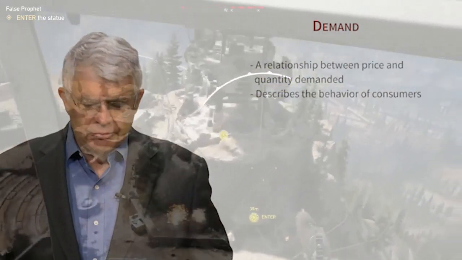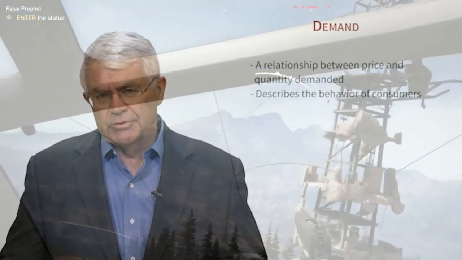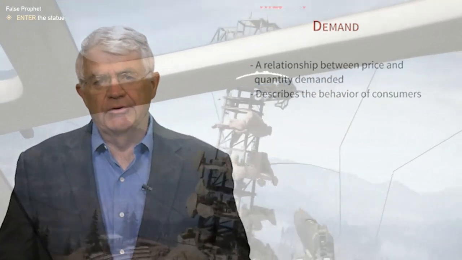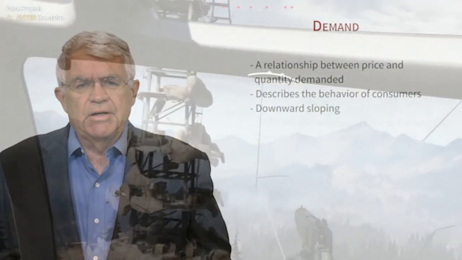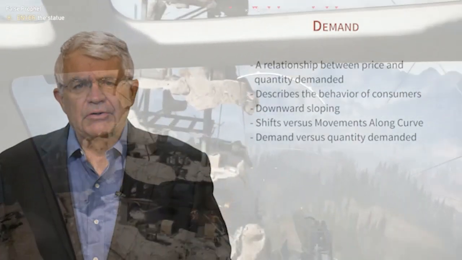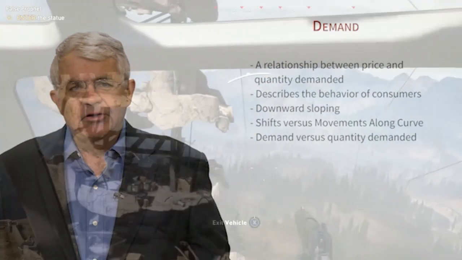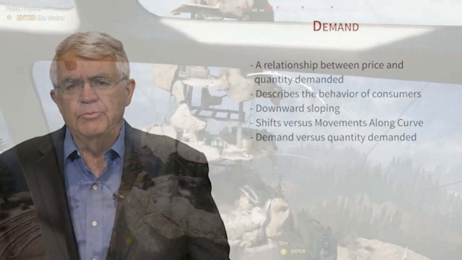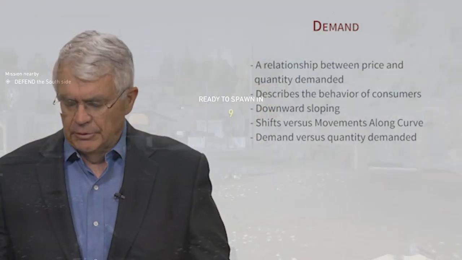Demand also refers largely to consumers. As we'll see, supply refers to firms, but demand refers to consumers. It's going to be downward sloping, and we're going to emphasize an important difference in this demand relationship or demand curve, as we'll see, and that is shifts in this demand versus movements along the demand curve. And so that's kind of a preview of what we're going to be doing.